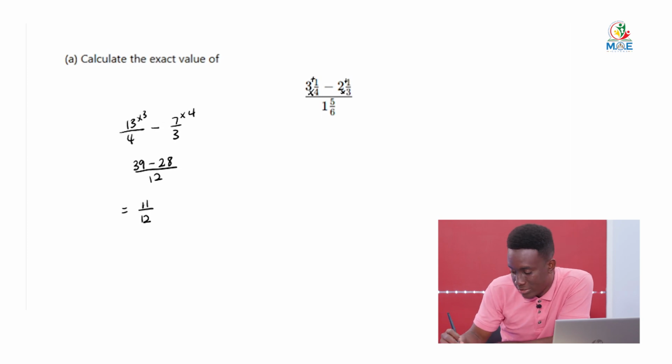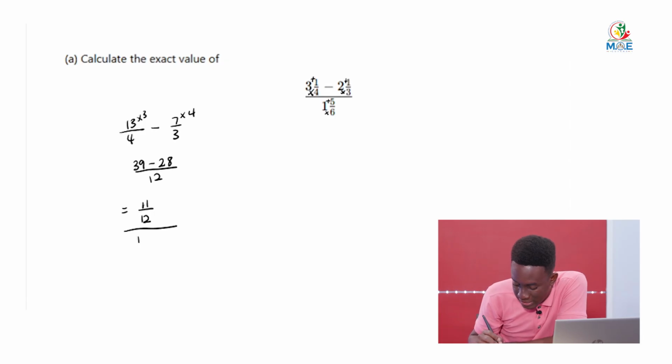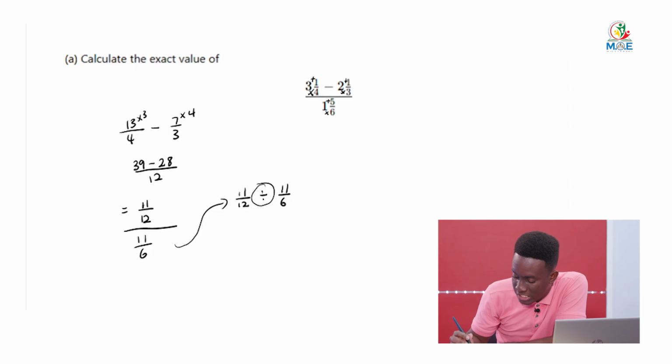And let's turn this now to an improper fraction. So we multiply and then add. 6 times 1 is 6 plus 5 would be 11 over 6. So this will be divided by 11 over 6. We can rewrite this as 11 over 12 divided by 11 over 6. And we know we change and flip.